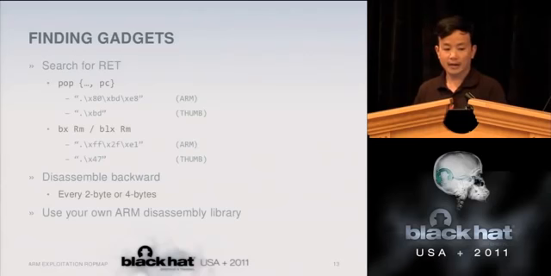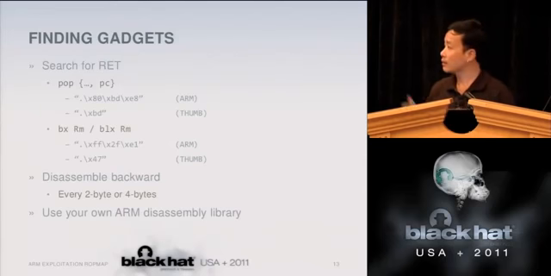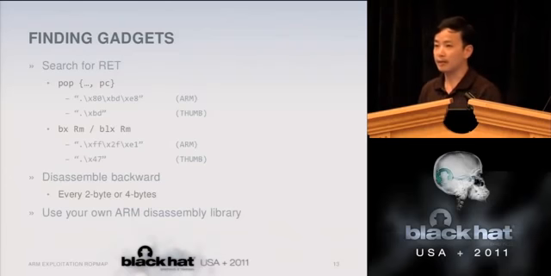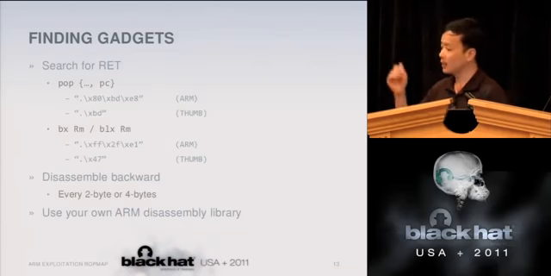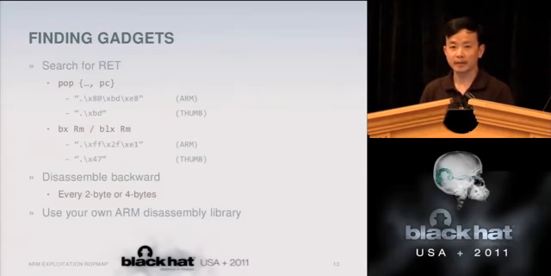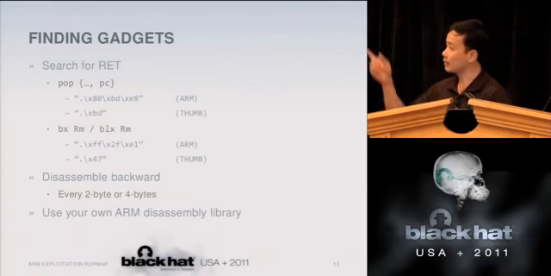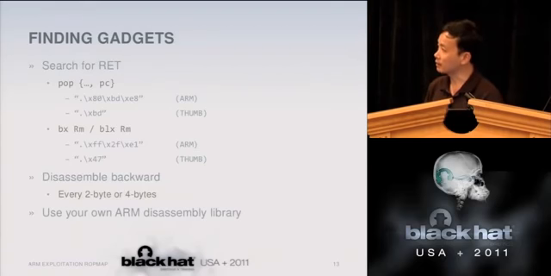In order to find the gadgets, the algorithm will be the same as on x86. You just search for a ret equivalent instruction, like pop something PC. And for indirect return gadgets like BX or BLX to a register, we have the code represented in Python regular expression format.